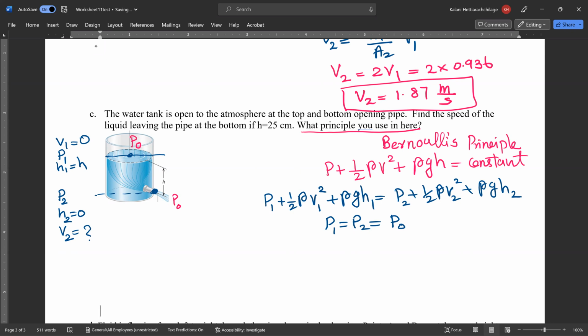So now let's put everything together. Both are P naught.